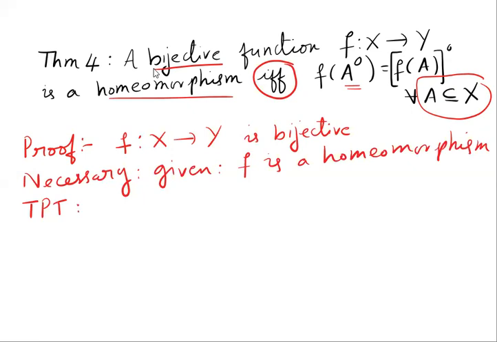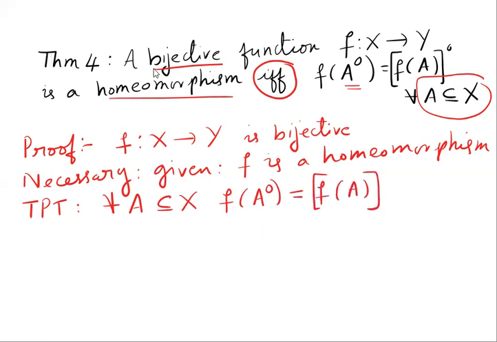To prove that for all subsets A of X, f of A interior is equal to f of A whole interior. So we have to prove it for any subset A of X.